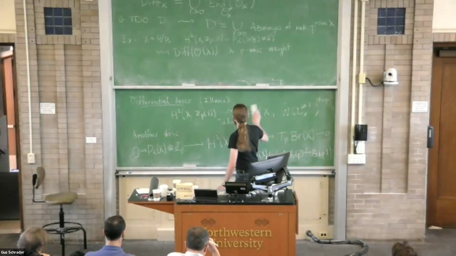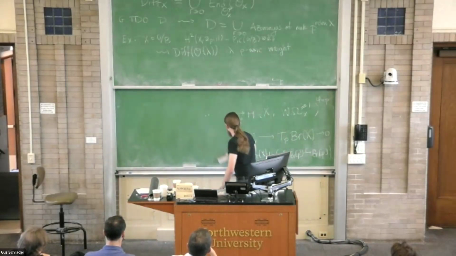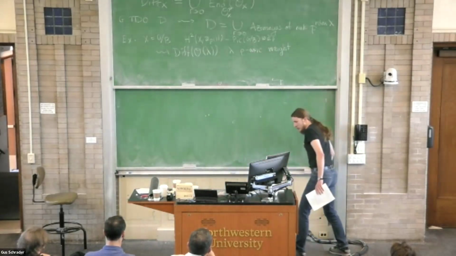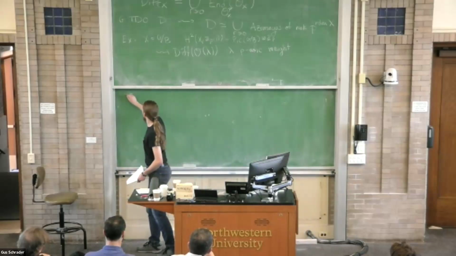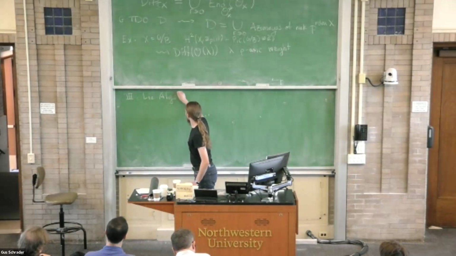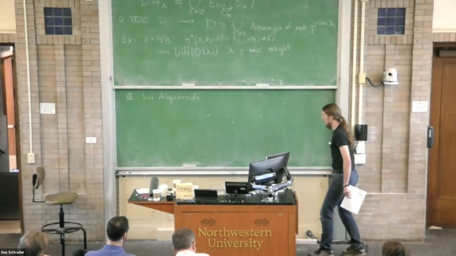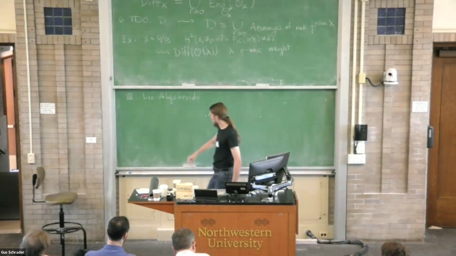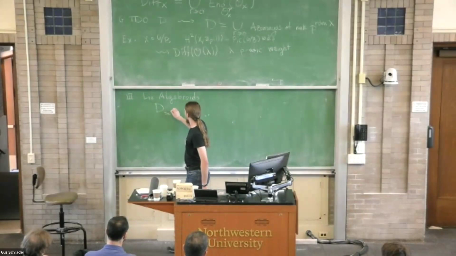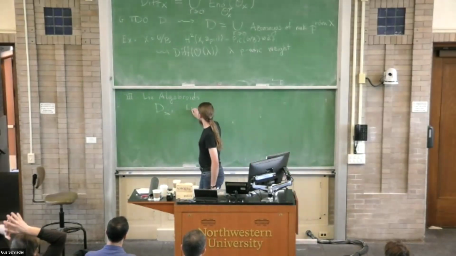So since I know people like Lie algebroids, I want to say a little bit about Lie algebroids to finish. For those familiar with the characteristic zero classification, if you take the operators of degree at most one, this is always a Lie algebroid.